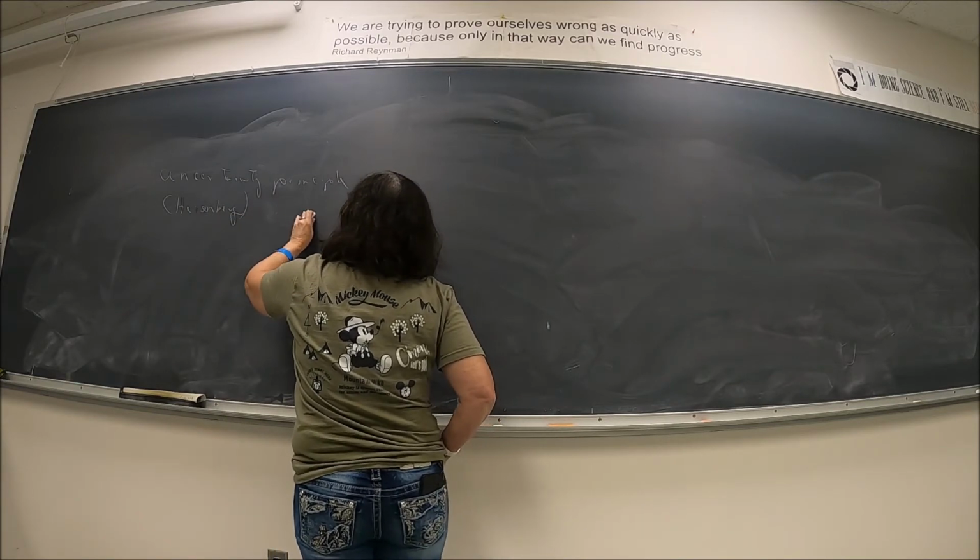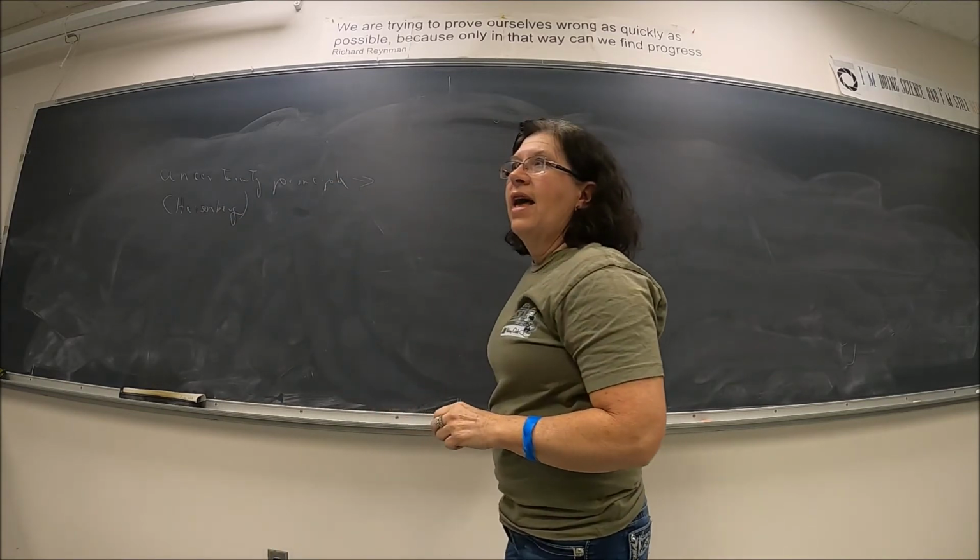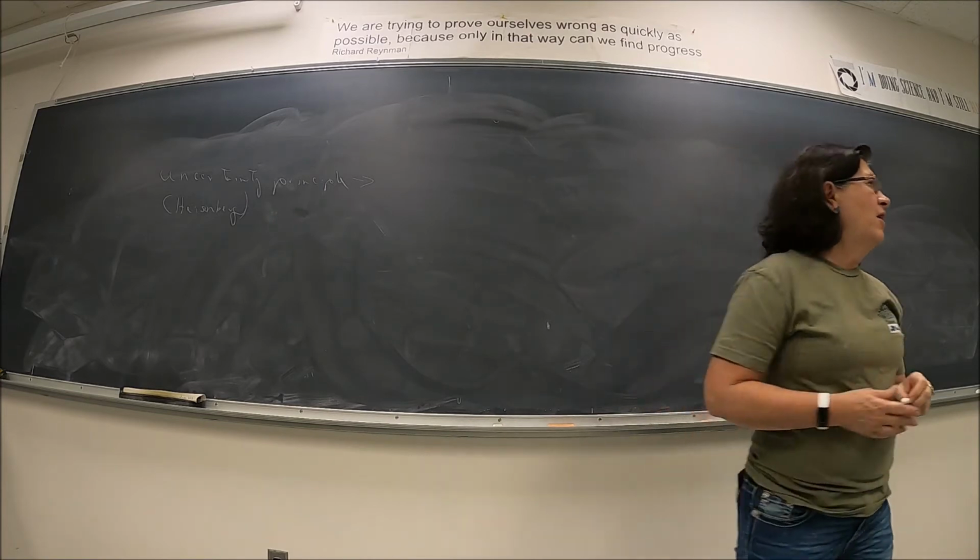Now, the Heisenberg uncertainty principle says that the more we know about the position of the particle, the less we know about the speed. Or vice versa.